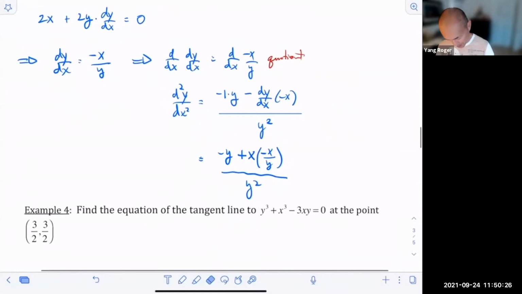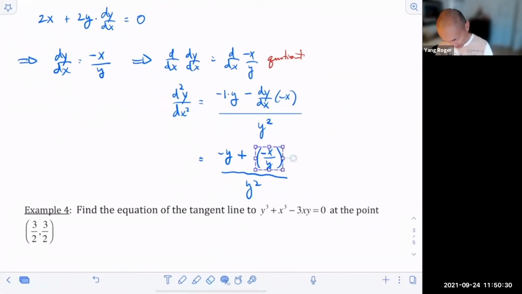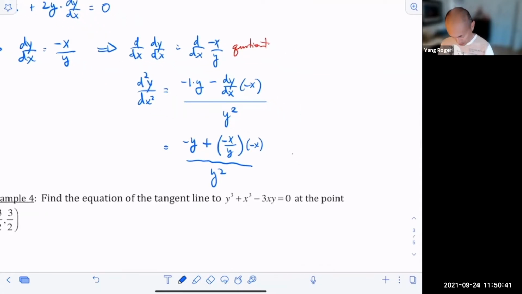So maybe I'll take 2 steps to do this, just in case you're half asleep and barely going to make it through the class. And then this becomes negative y. Sorry, I needed a minus there.